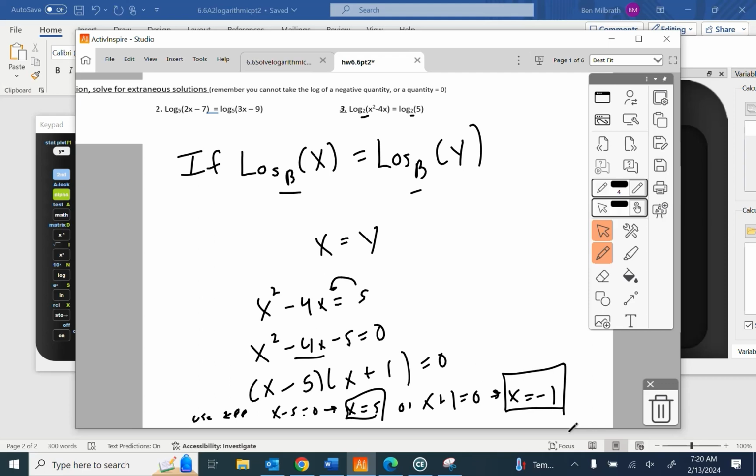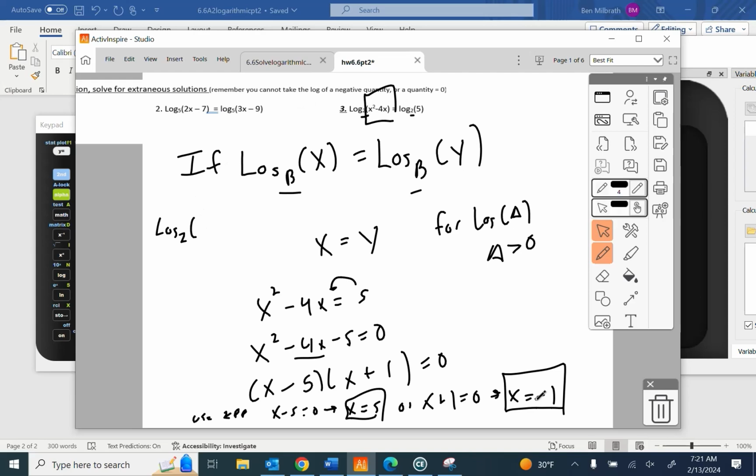Now, the prereq skill for this was domain of a logarithm with something in it. Whatever's in it has to be bigger than 0. So I'm going to make sure these work, all right? I'm going to talk about this log. This is going to be the issue right here.